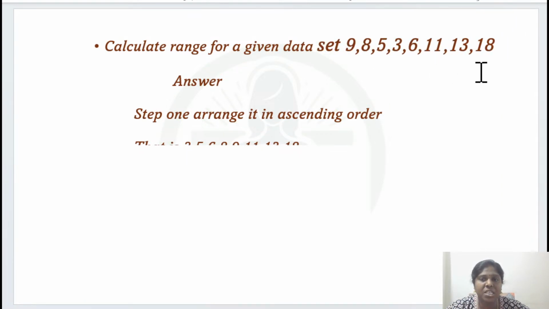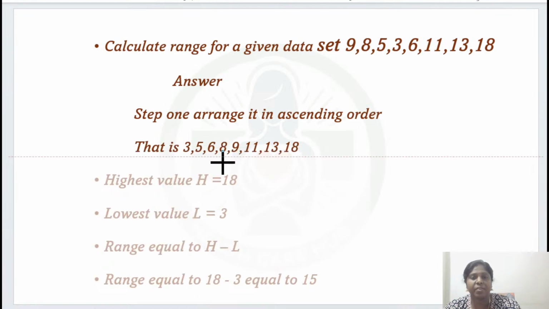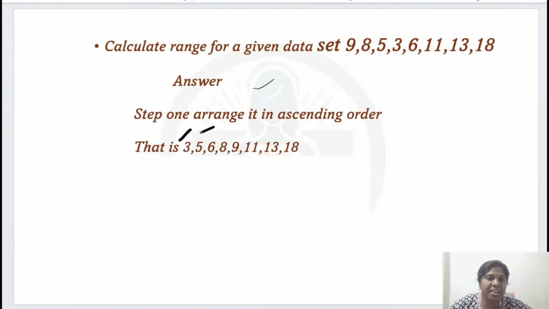Which is the smallest number here? I will put it in ascending order. Once I put it in ascending order, the numbers start with 3, 5, 6, 8, 9, 11, 13, 18. Which is the lowest one here? 3. And the highest one? 18.